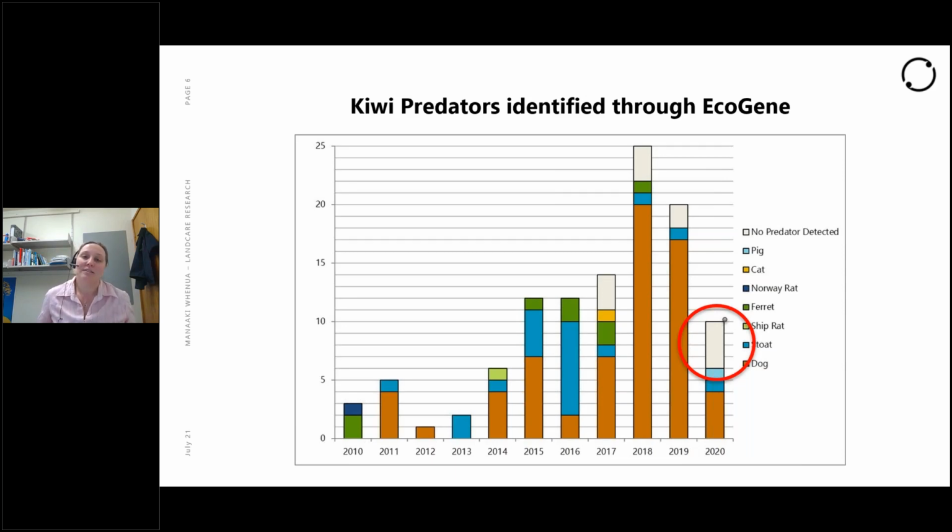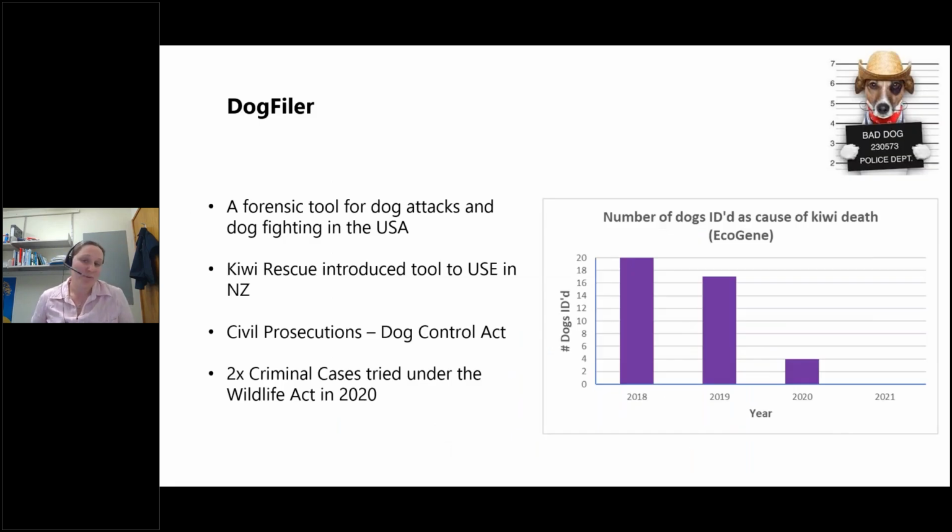And also, we know that 2020 came with a huge financial blow, so there may not have been the money available for you to send samples to Ecogene for testing. But one thing that I think we can all agree on from this graph is that dogs, which are here in these dirty orange bars, are a major problem for kiwi. So let's start with them.